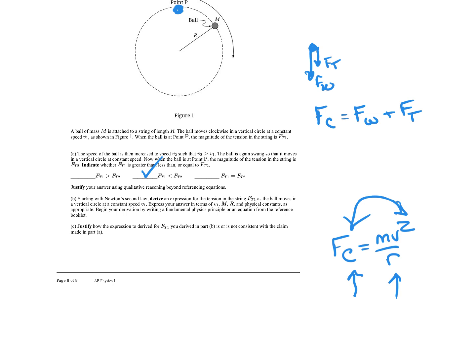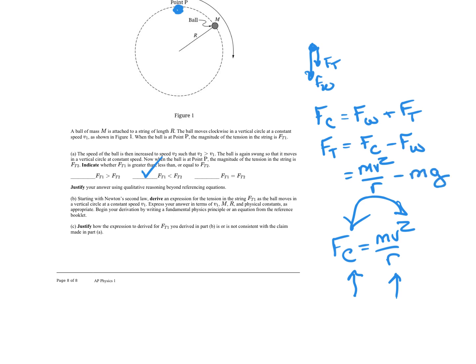Now it's asking for tension in my expression, so I'm going to solve for force tension, which gives me force centripetal minus force weight. So I have mv squared over r minus mg.